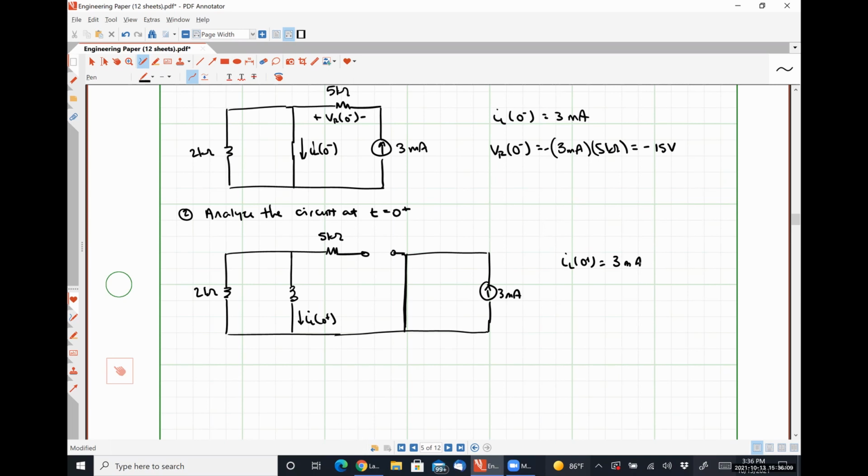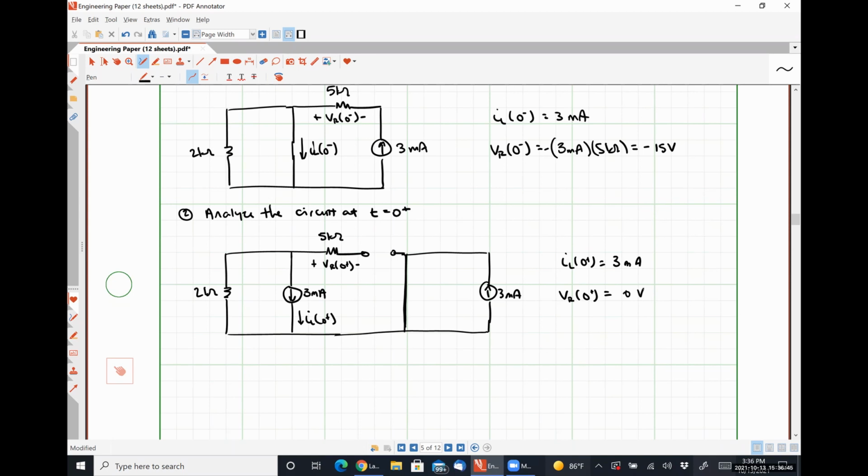I know I've said that sentence a lot, and I'm going to continue saying it. So I'm going to treat this inductor as a 3 milliamp current source, direction down. What is my voltage VR at 0 plus going to be? Exactly right, the voltage drop across our resistor is going to be 0 volts.